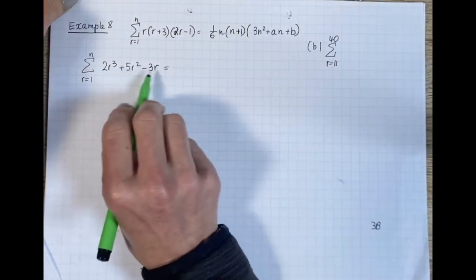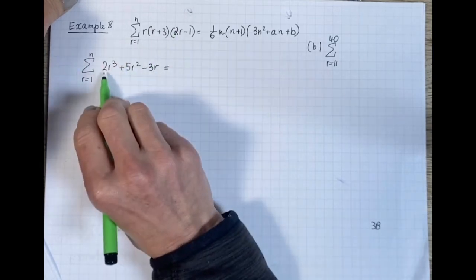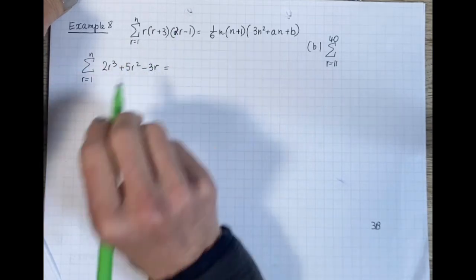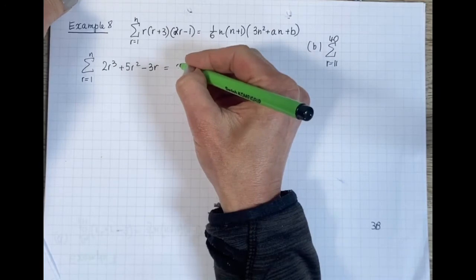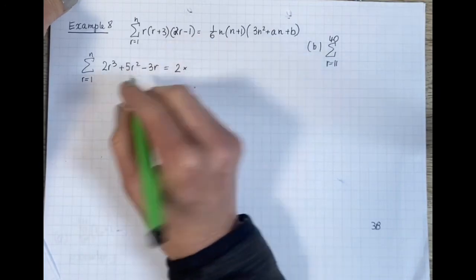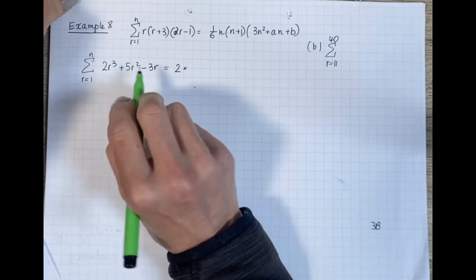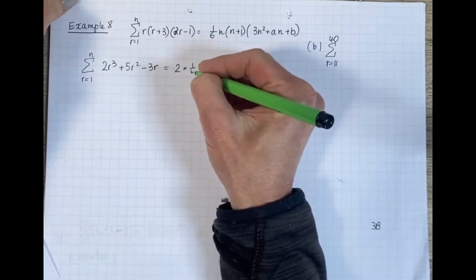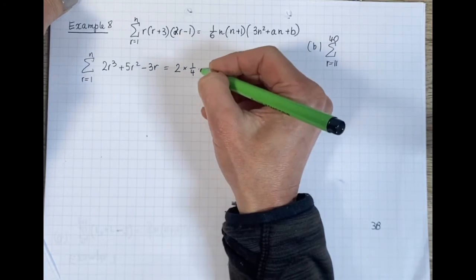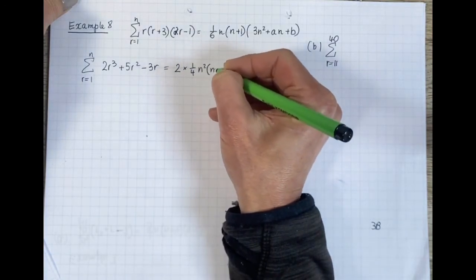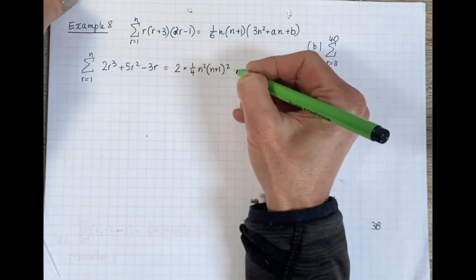You're going to use 3 results: sum of cubes, sum of squares, and sum of natural numbers. So this one will be 2 times the sum of cubes. Remember, it's the same as the sum of natural numbers squared, but it is in the formula booklet, so you can check. 1/4 n squared, n plus 1 squared.